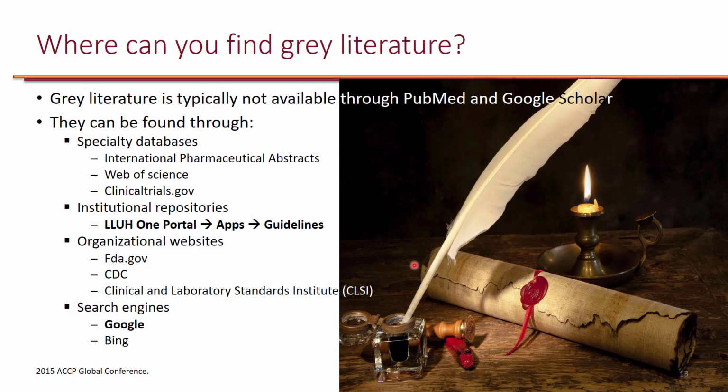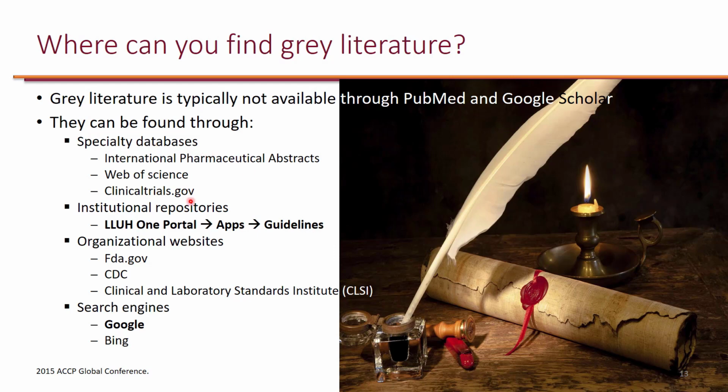So where exactly can you find gray literature? Gray literature is typically not available by PubMed or Google Scholar. Sometimes they are, but usually they're not. They can be found through specialty databases, things like Web of Science or clinicaltrials.gov.